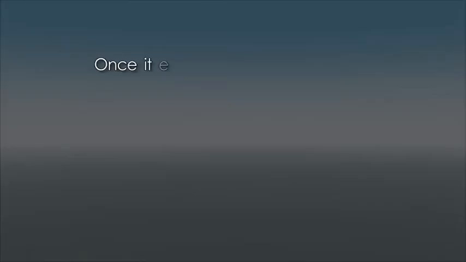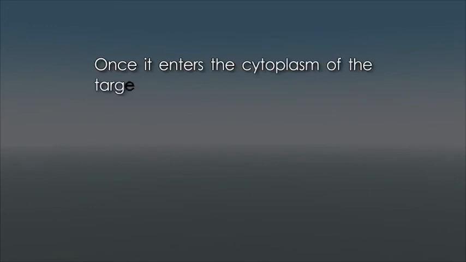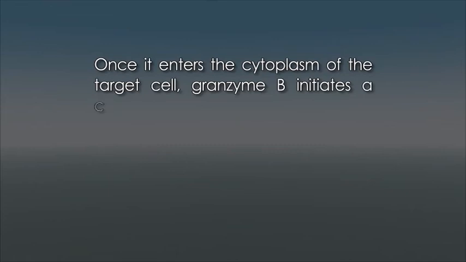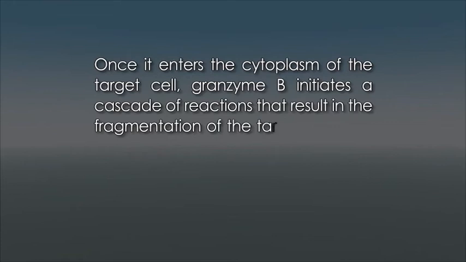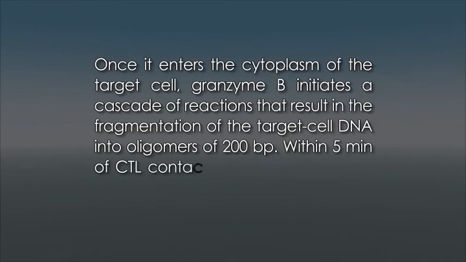Perforin monomers and the granzyme proteases are then released from the granules by exocytosis into the junctional space between the two cells. Granzymes enter the target cells in two ways, by perforin pore formation and by the perforin-assisted pathway. Once it enters the cytoplasm of the target cell, granzyme B initiates a cascade of reactions that result in the fragmentation of the target cell DNA into oligomers of 200 base pairs. Within 5 minutes of CTL contact, target cells begin to exhibit DNA fragmentation.